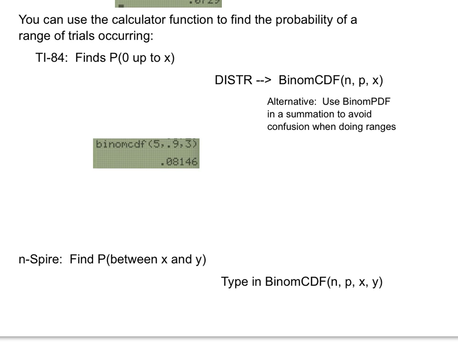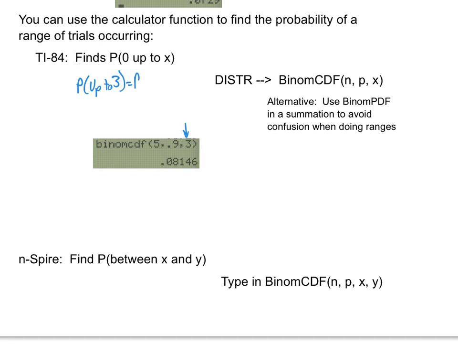The answer you got there is the probability of it being 0 times, 1 time, 2 times, and 3 times. That's correct. Because it's binomial CDF, this is finding the probability of up to 3 hits. Okay?